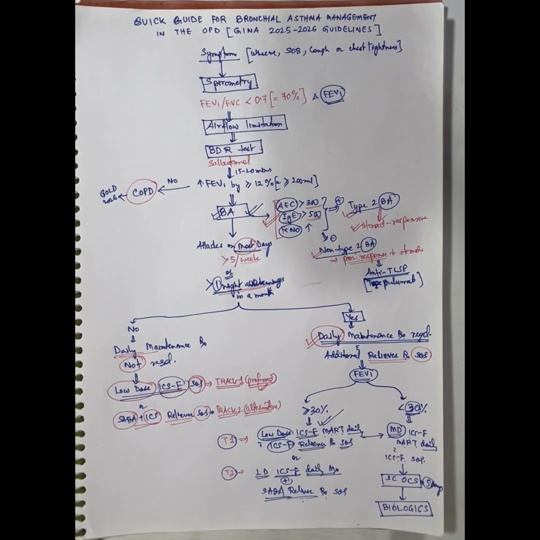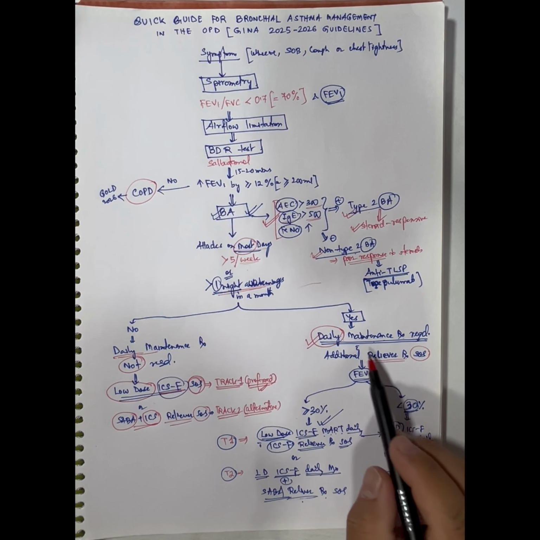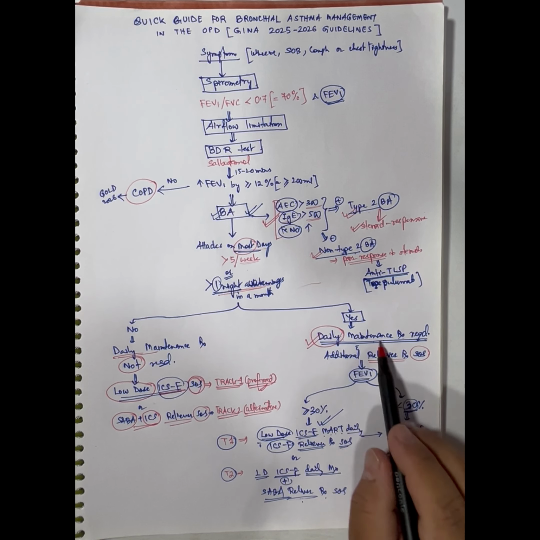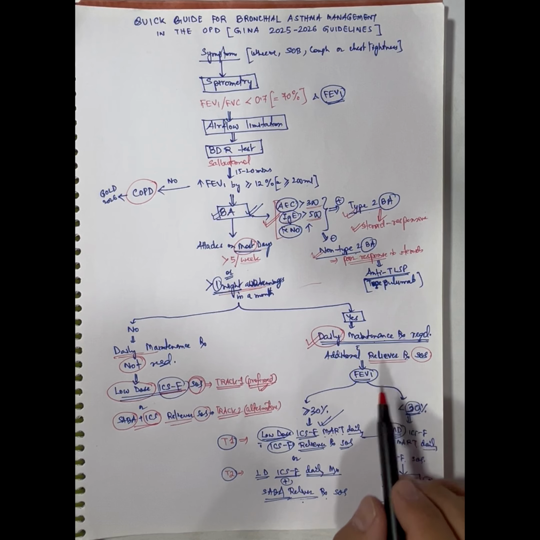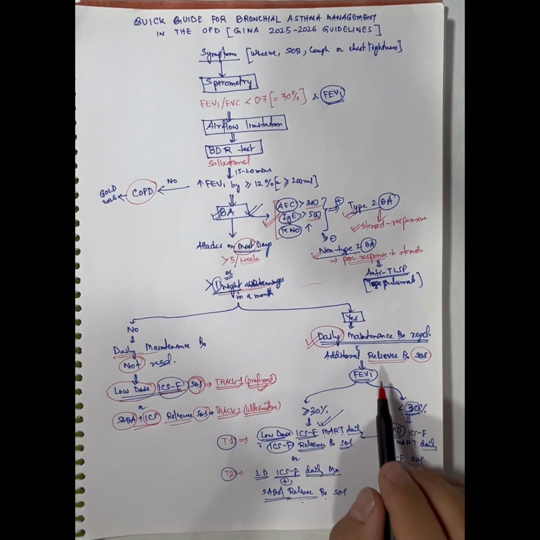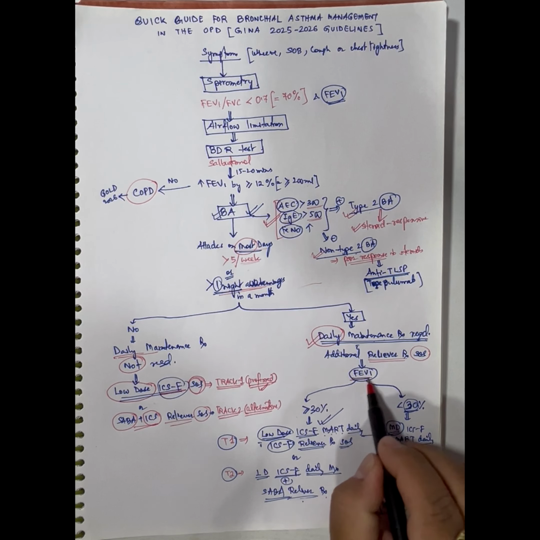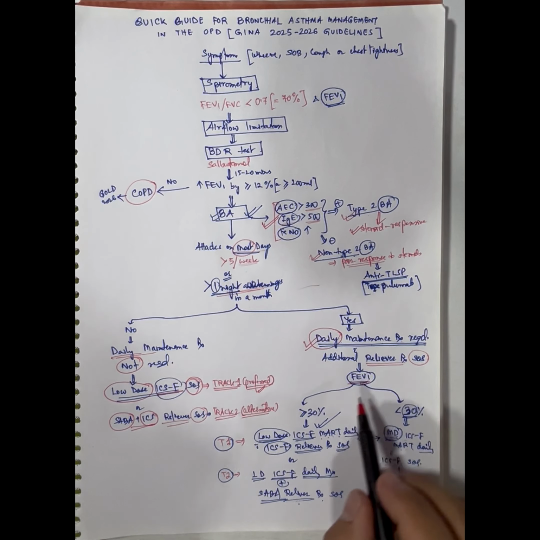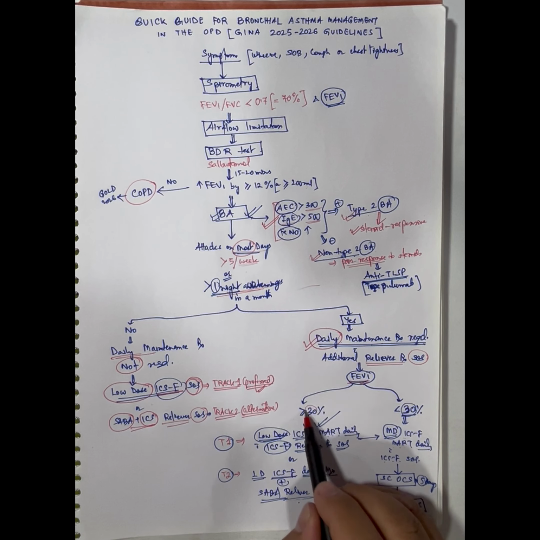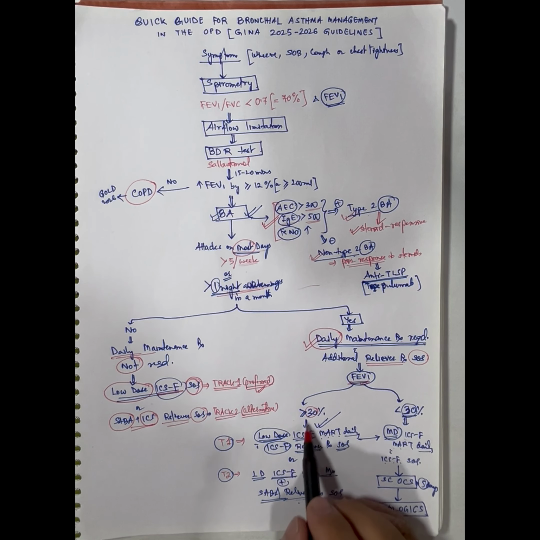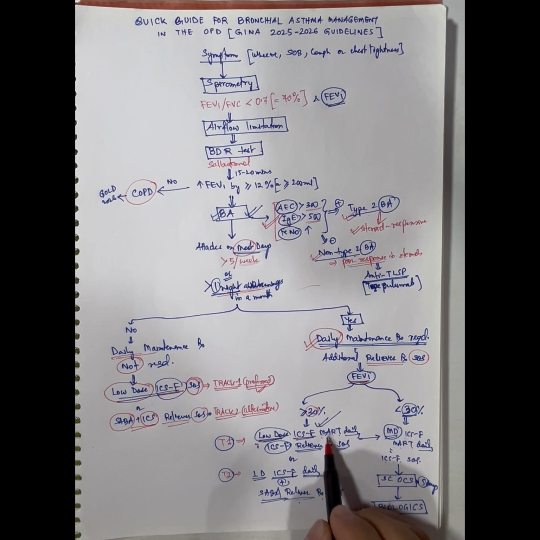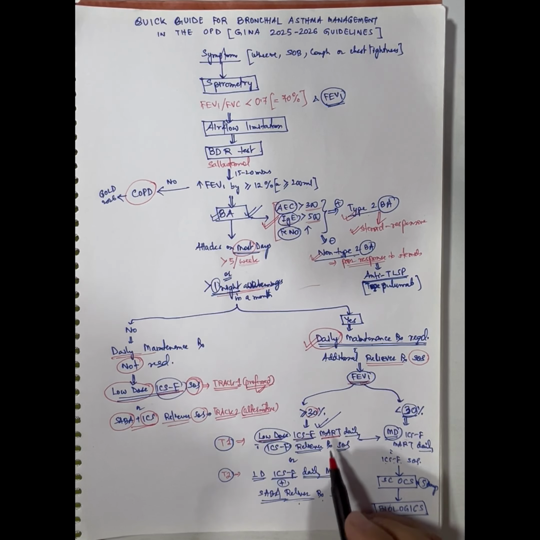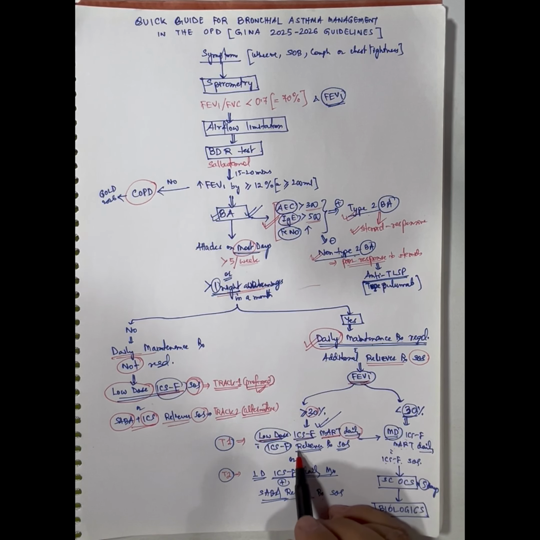Now, in the previous case, we have come to the point that the patient requires a daily maintenance therapy. To decide how much dose the patient should be given, we will look into the FEV1 value, right? If the FEV1 is more than or equal to 30%, we will give a low dose ICS formoterol maintenance and reliever therapy known as MART daily, right?